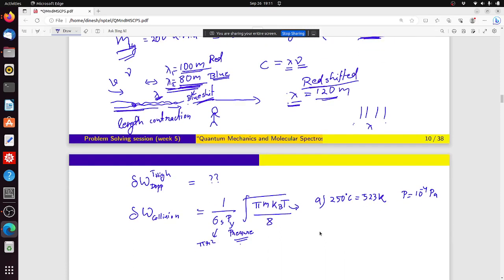Case B, we have 500 degrees Celsius, which is equal to 773 Kelvin, and pressure is 1 atmospheric pressure or 10 to the 5 Pascal.